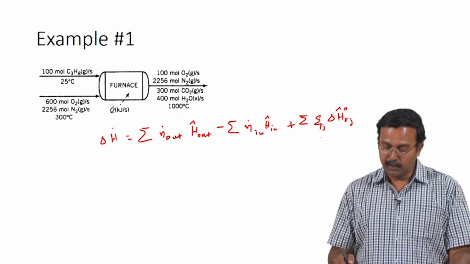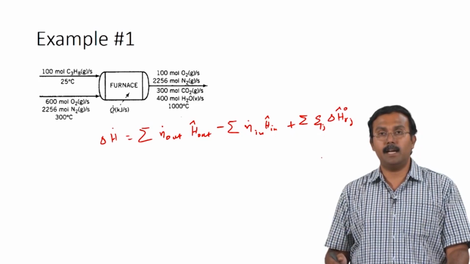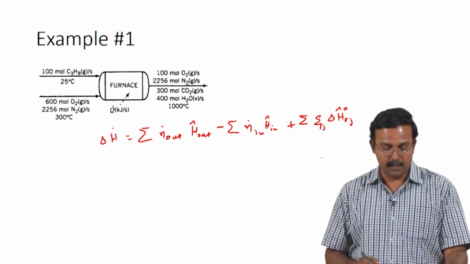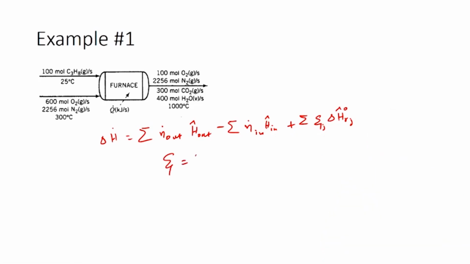For this we need to know the extent of reaction, which is calculated as moles out minus moles in divided by the stoichiometric coefficient.